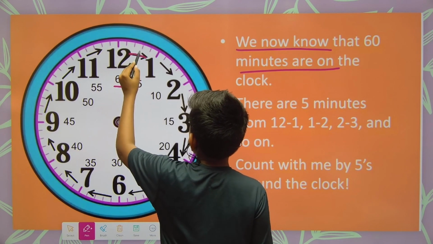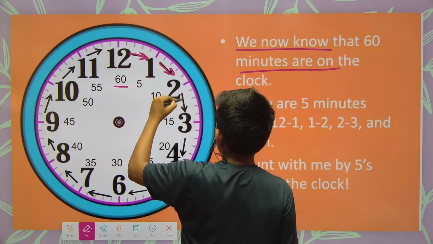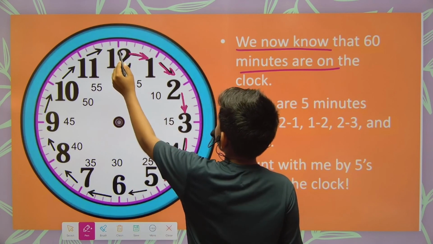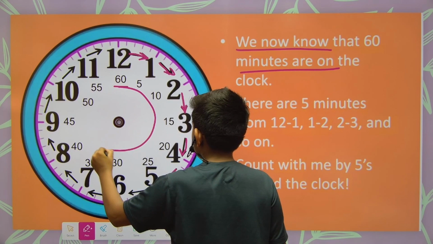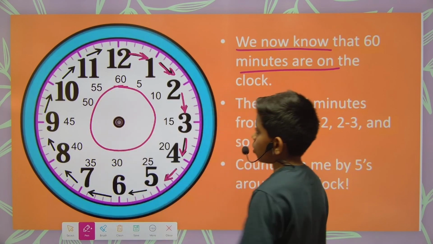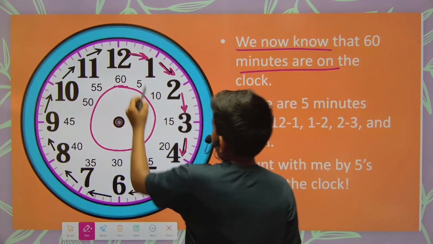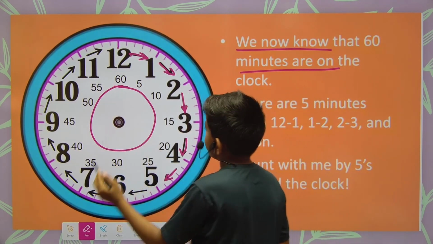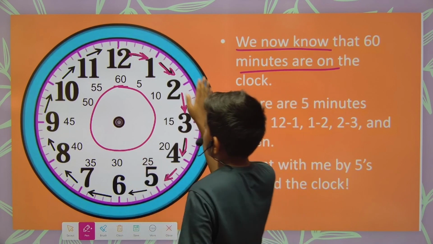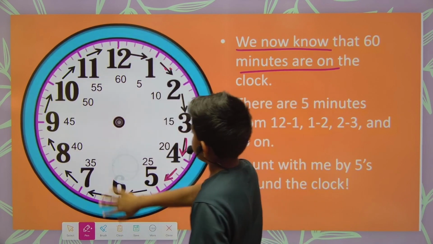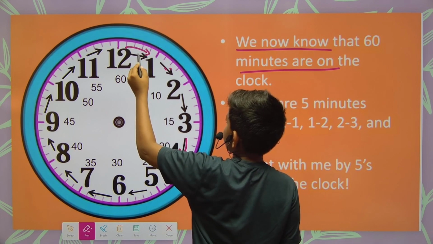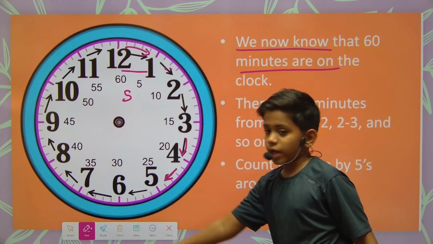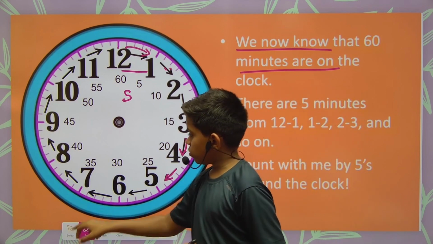So when we count around the whole clock, there are 60 minutes, and there are also hands on the clock, which we will discuss next. On the whole clock there are 60 minutes, and between every two numbers there are 5 minutes. Okay, there are 5 minutes between two numbers.